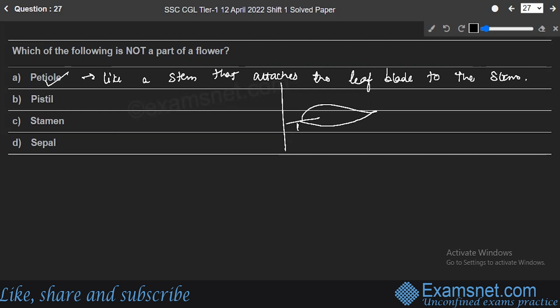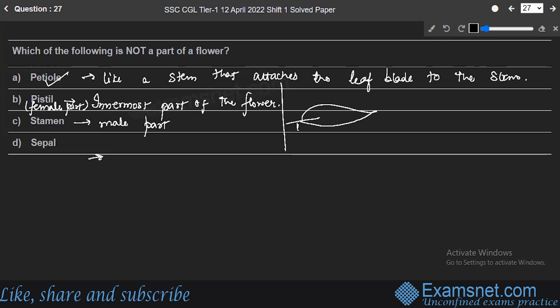Right. Let's talk about the rest also. Pistil. Pistil is the innermost part of the flower. It is a female part actually. If I'm talking about the stamen, stamen is the male part of the flower.